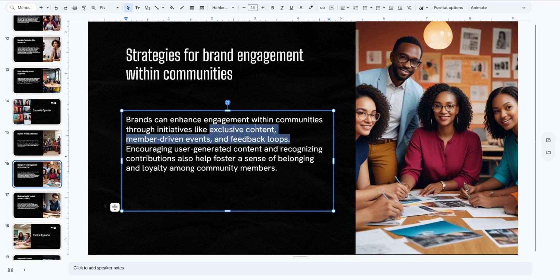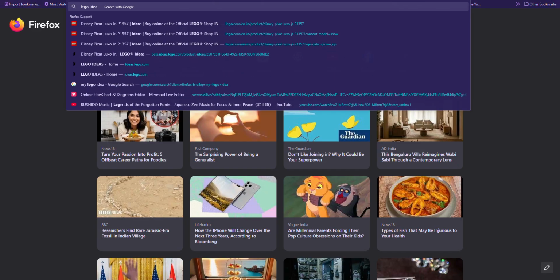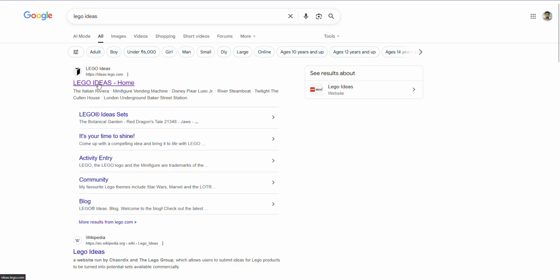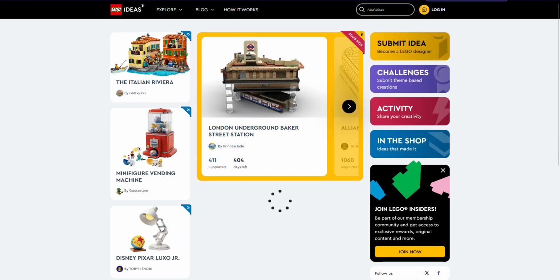So brands can enhance engagement within communities through initiatives like exclusive content, member-driven events, and feedback loops. Encouraging user-generated content, UGC, that we saw in the previous class, and recognizing contributions also help foster a sense of belonging and loyalty among community members. So with community, we can also go to Lego Ideas. ideas.lego.com also has communities where people are coming together.